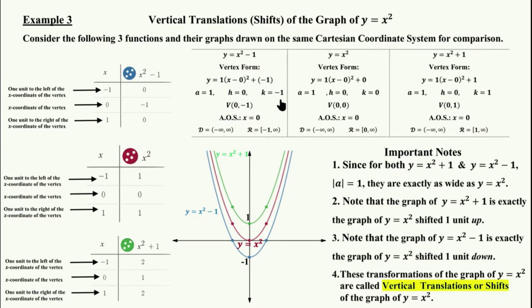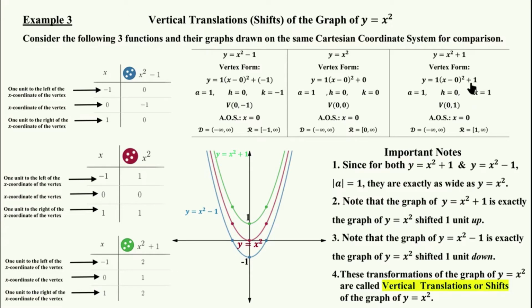We know that the vertex is always (h, k), which is going to be (0, negative 1). So for x squared minus 1 in blue, the vertex moves from (0, 0), which is the vertex for the reference graph x squared itself, down to (0, negative 1). And for the green one, notice that if you write it in vertex form, you end up with this.